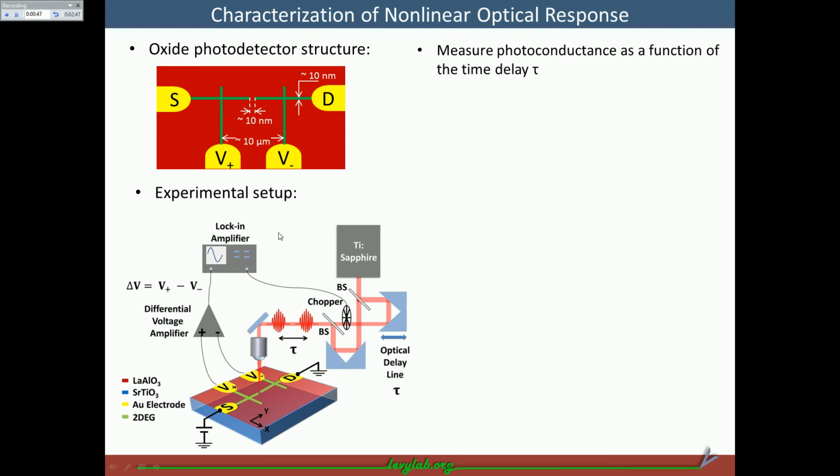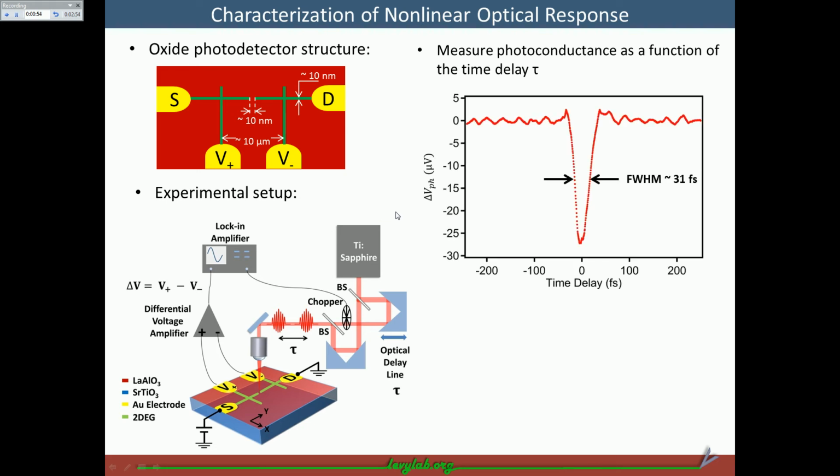And after preparing the structure, we measure the photoconductance as a function of time delay. And this is our experimental setup. The wavelength is about 515 nanometers.